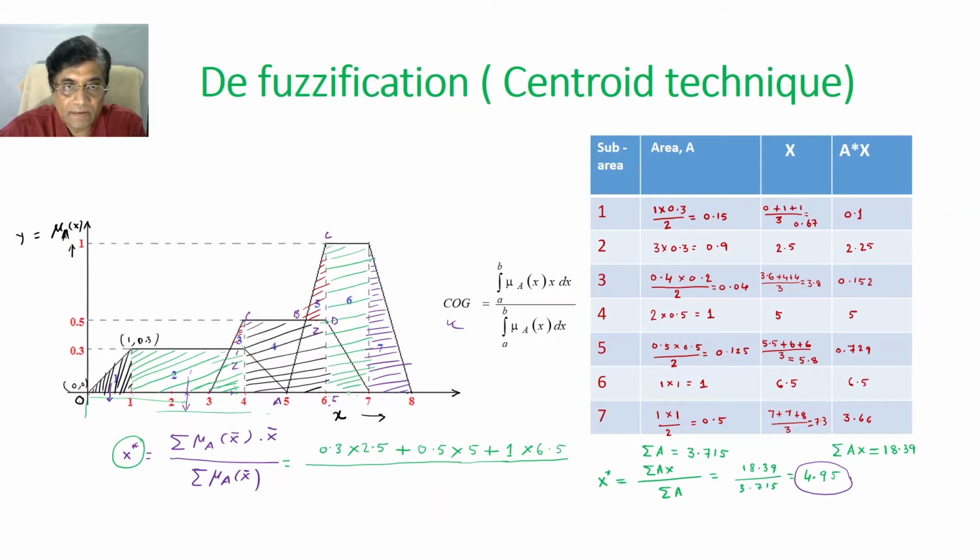Clear? 6.5 from here to 6.5, divided by, you see, 0.3 plus 0.5 plus 1.